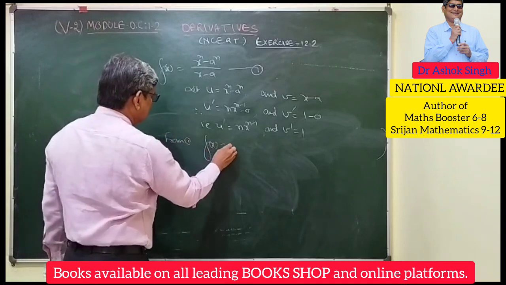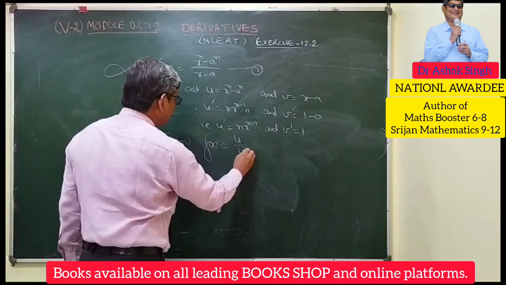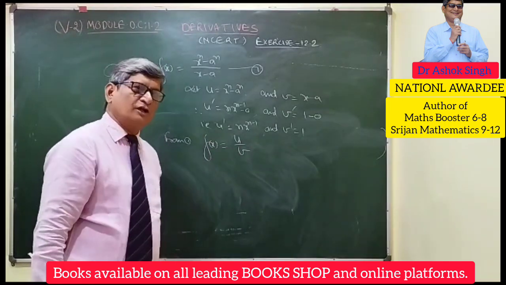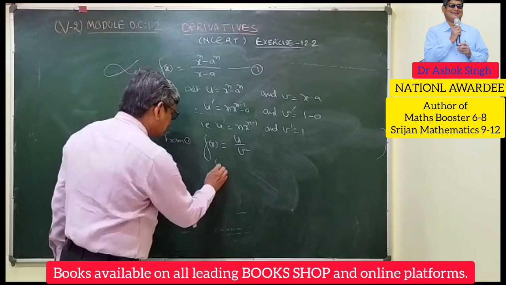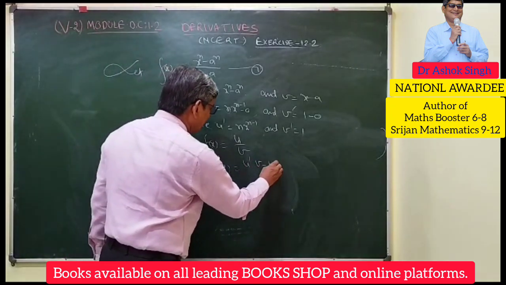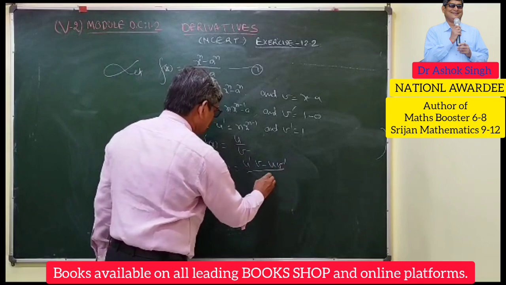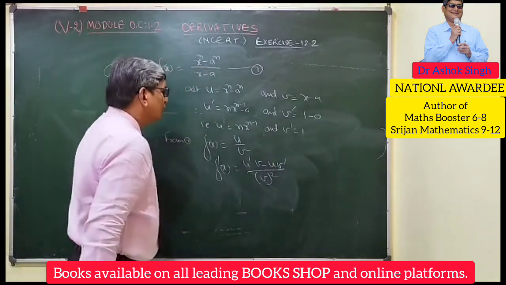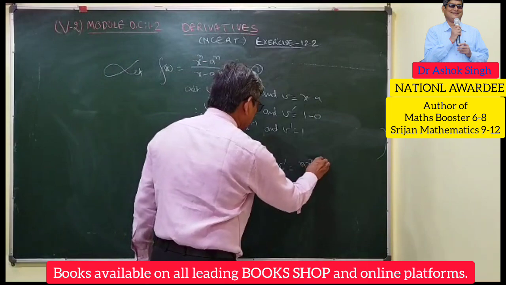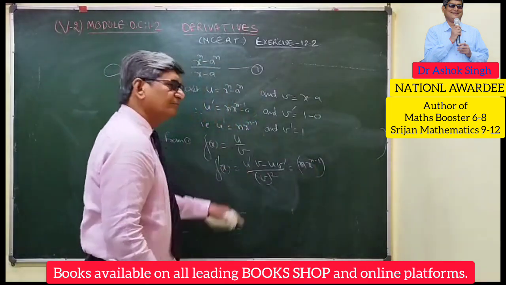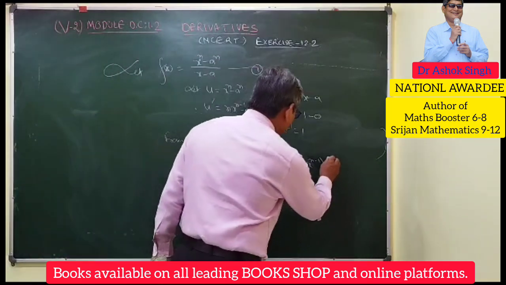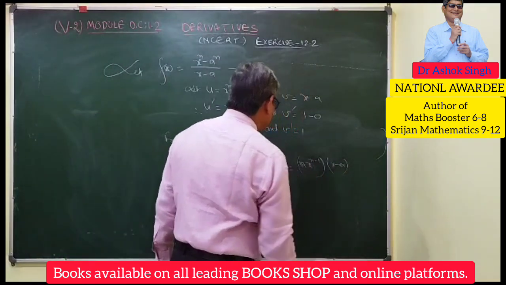So what is the value of f x? f x is equal to u by v. I have taken up u and v separately; I could have done it directly also. So you can say f dash x is equal to u dash v minus u v dash divided by v square. U dash you have already got, that is n x to the power n minus 1. What about v? v is equal to x minus a.